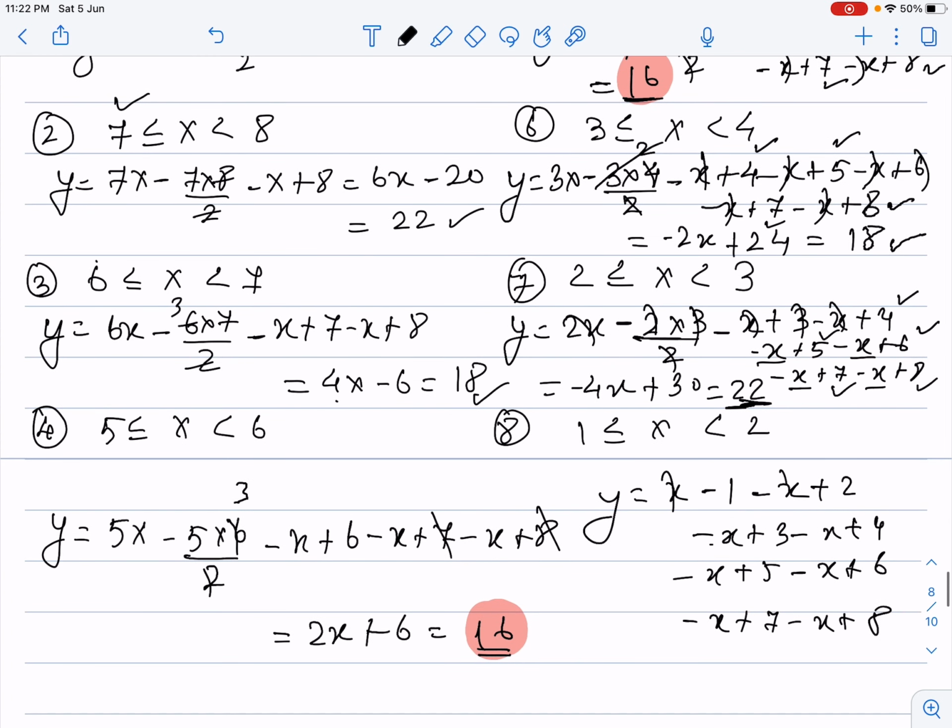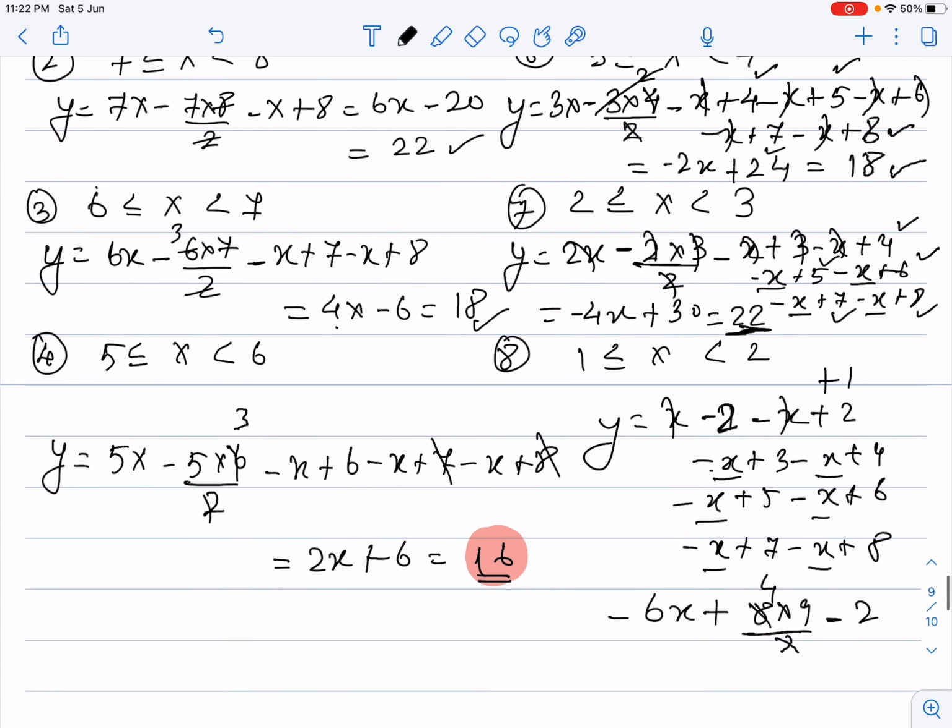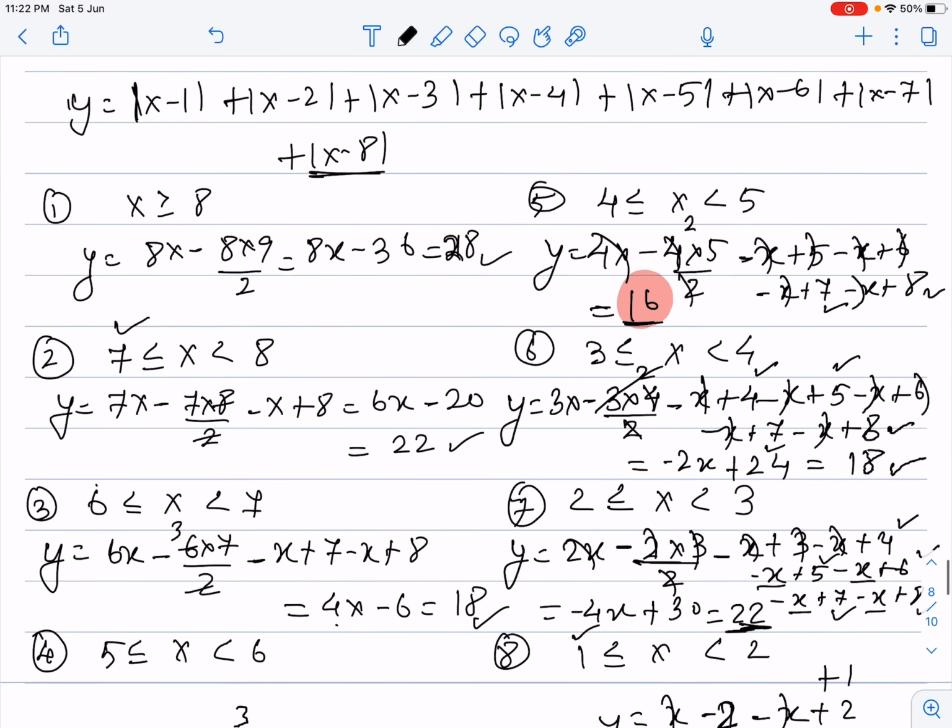So minus x and plus x will get cancelled. Minus 2x, minus 3x, minus 4x, minus 5x, minus 6x. Minus 6x, sum of first 8 consecutive natural numbers. Minus 2 I will do, plus 1 I am doing, and minus 1 I did, so minus 2 it will become. So 8 into 9 by 2, that is 4 9 36, and 36 minus 2 I will write. So minus 6x plus 34, and when x is equal to 1 is substituted by me, 34 minus 6 is equal to 28, which is not less than 16. So we'll get 16 only as the answer for this question.